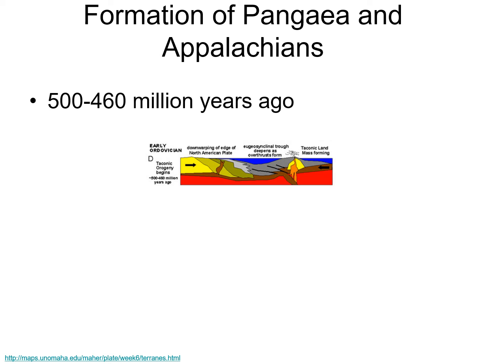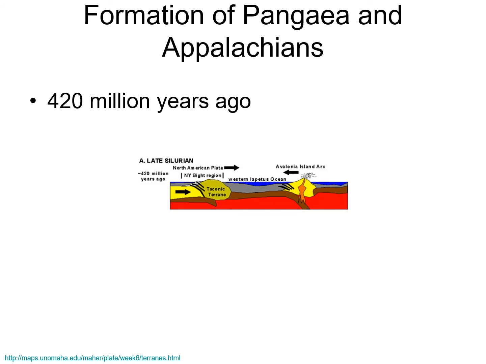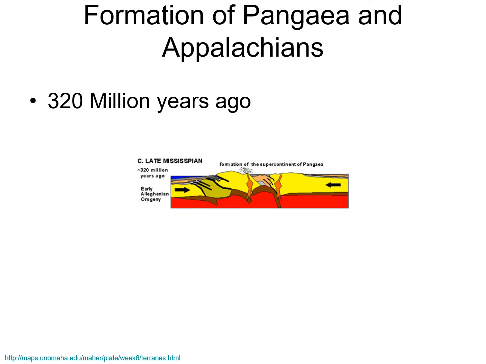So there we have that subduction going ahead, and then it collides. And then we have another volcanic arc doing the same thing. After that collision started, we have North Africa coming in. When this collides, the mountain building goes into overdrive and we get the Appalachians proper.